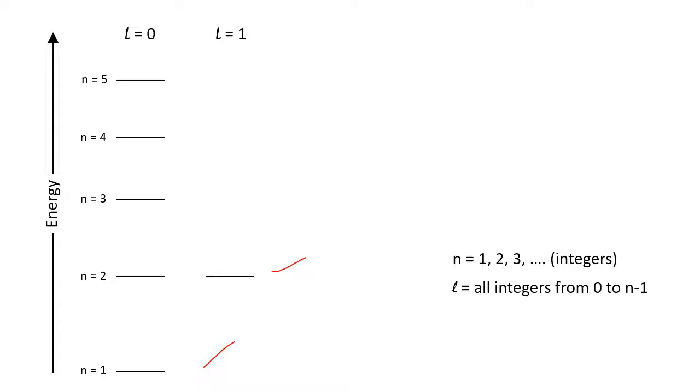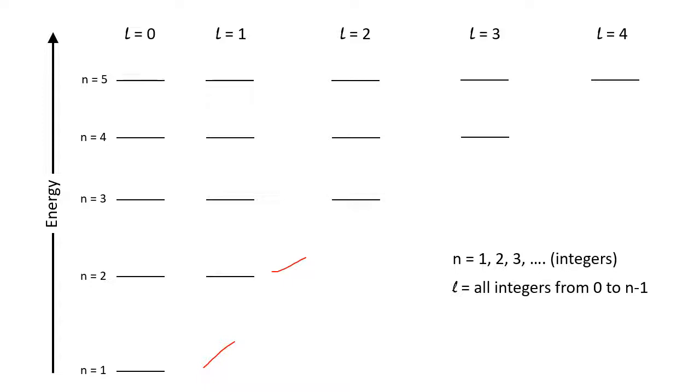When n equals 3, l can be 0, 1, or 2, because 3 minus 1 is 2. When n equals 4, I can have l equals 0, 1, 2, or 3. When n equals 5, I just keep this trend going. I can have l equals 0, 1, 2, 3, or 4.